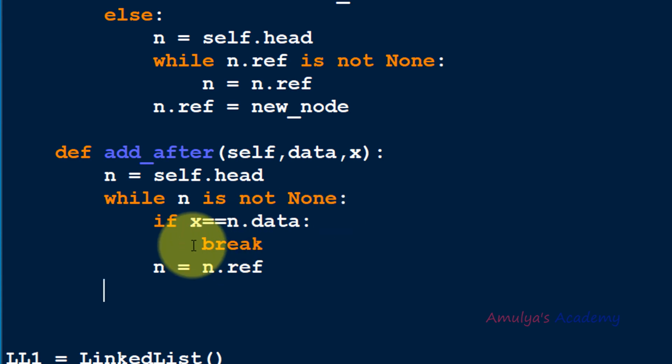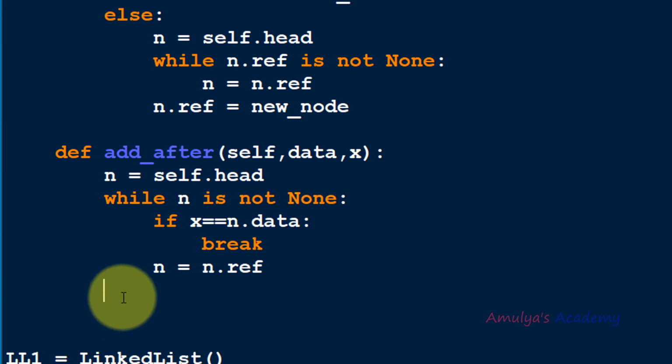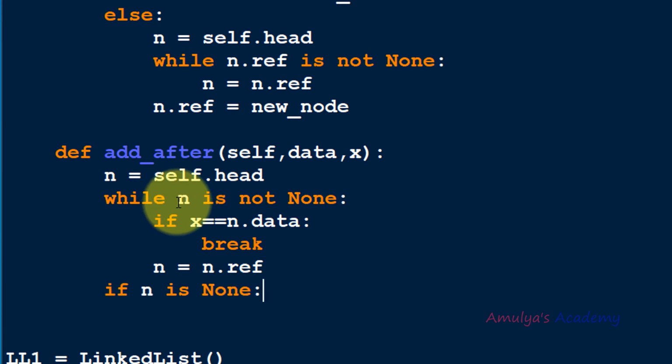One is when we found the x value, that is if x is equal to n.data. If we found x, then we'll come out of the while loop. Or if n becomes None, that is we searched the entire linked list but didn't find x, then also we'll come out of the loop, right? So that's the two conditions.